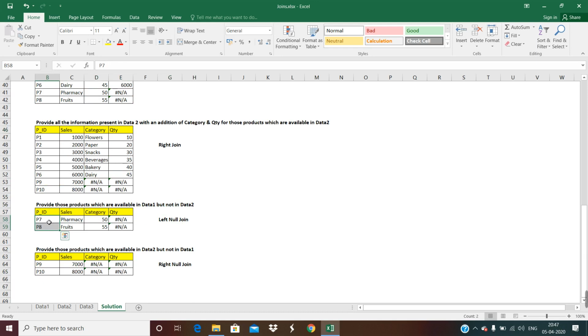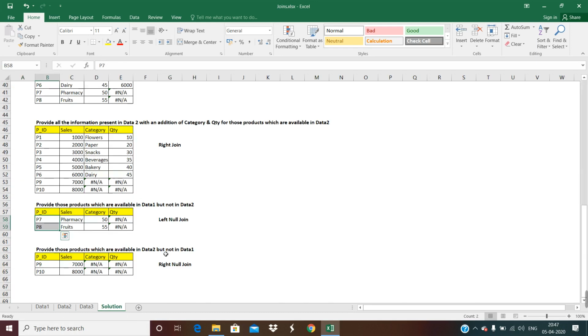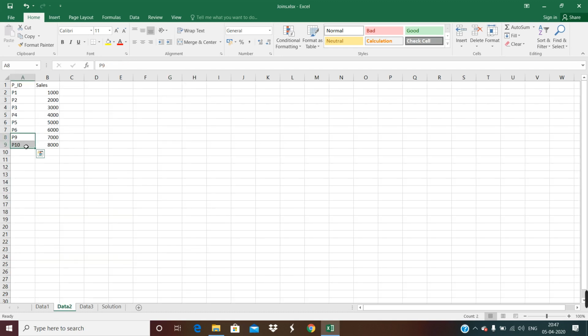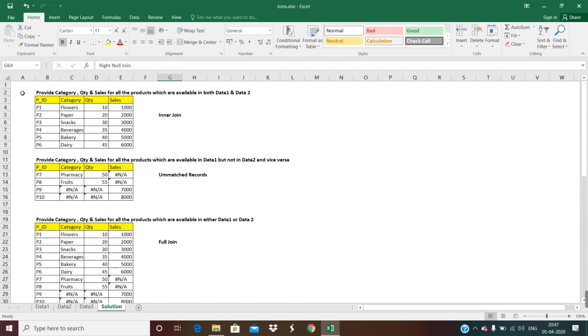That means they are there in data 1 itself but are not there in data 2. And similarly, right null join means we only want those products which are in my right data. So my right data is data 2 in this case. And those products which are only there in right data but not in left data, which are P9 and P10, because P9 and P10 are not available in data 1. So these are all the joins that are available.